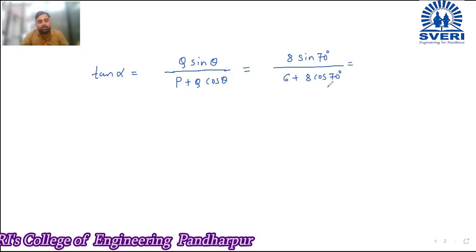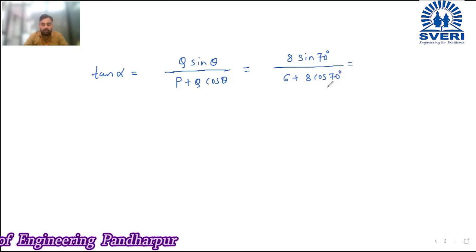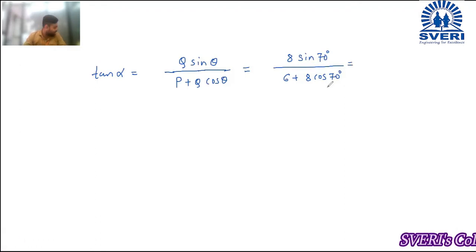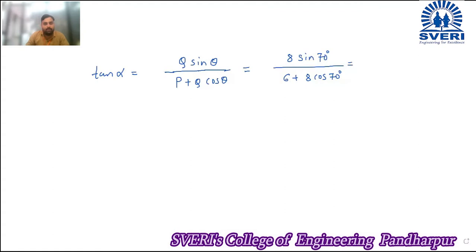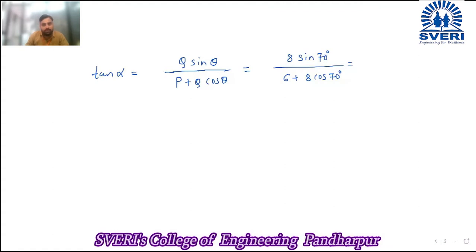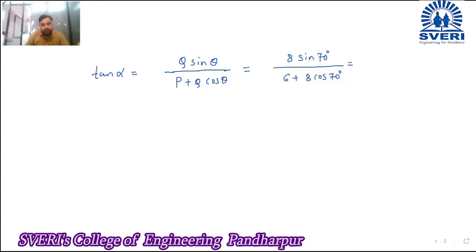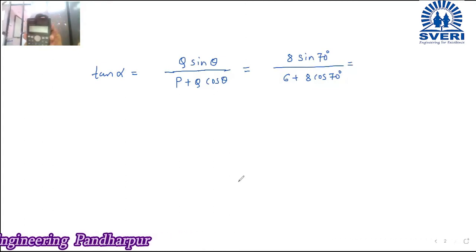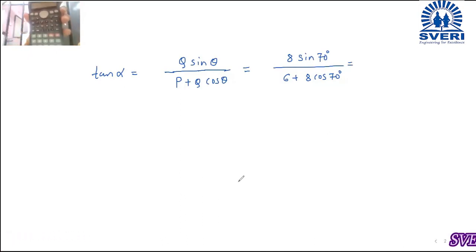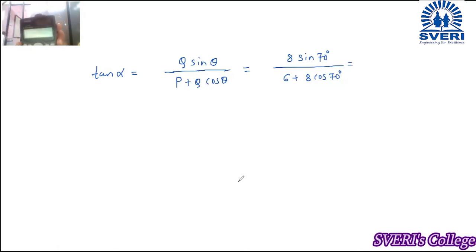Somebody has asked me the question, which type of calculator should we buy for the engineering calculations? If you go to the market, you will get the calculator of Casio company. Now this is the old version. Let me make the background visible first. Just a minute. Now you can see this is the calculator of Casio company. This is an old one, but like this one, you will get a calculator in the market.